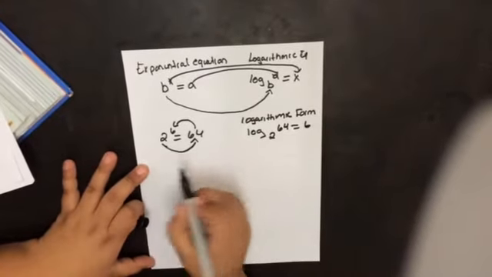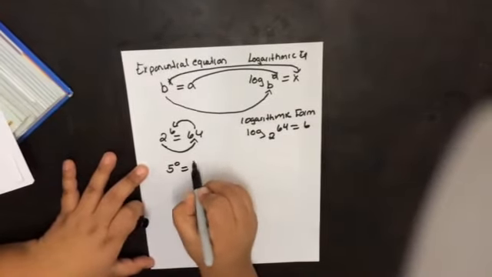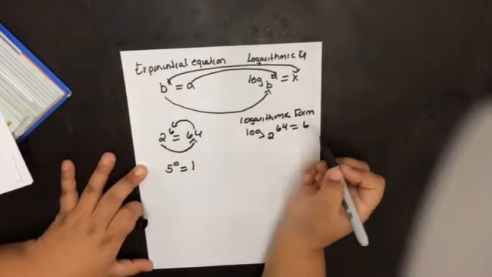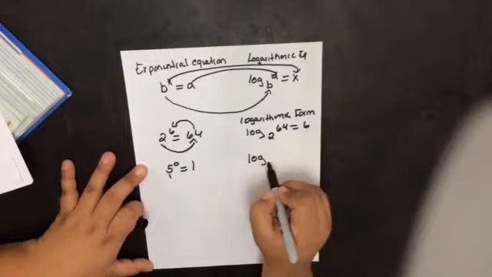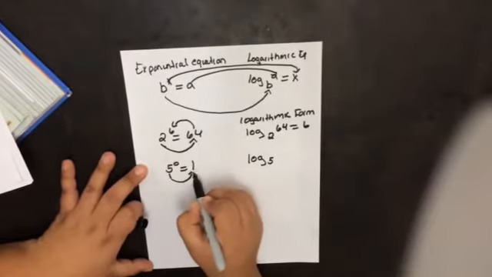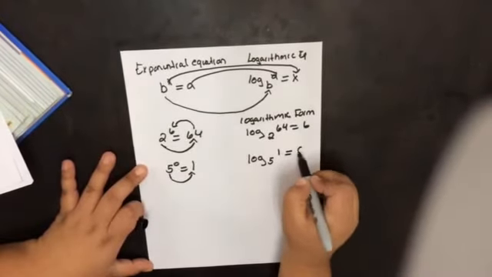Let's do another example. What if we have 5 to the 0 equals 1, and I want to write it in logarithm form? It's going to be log base 5 of 1 equals 0.